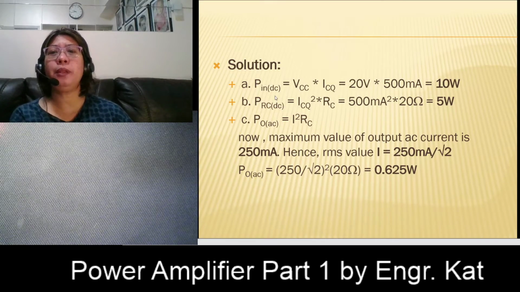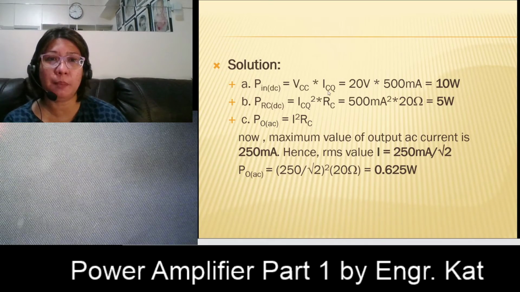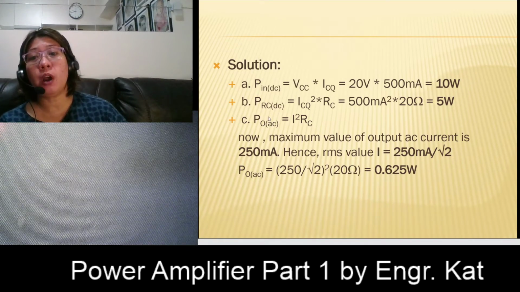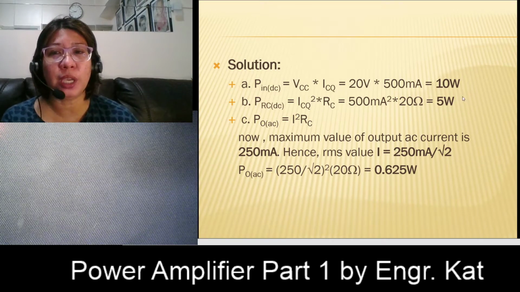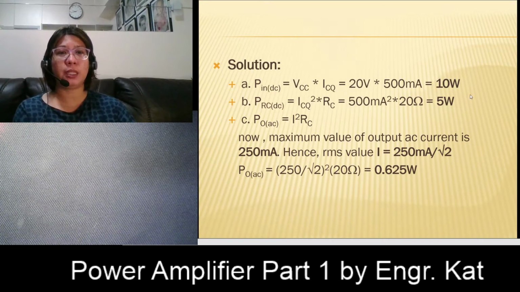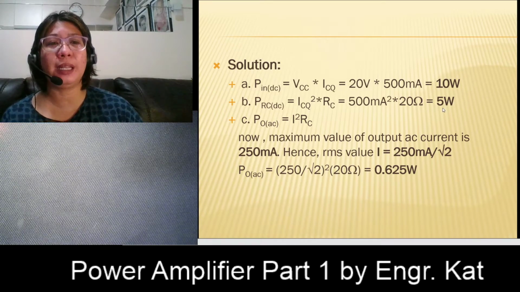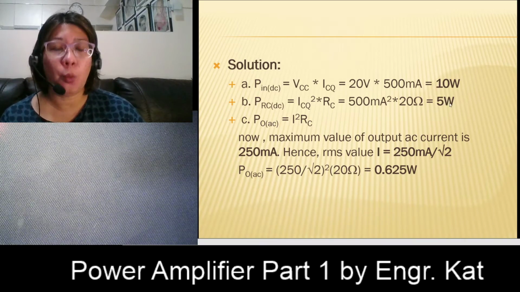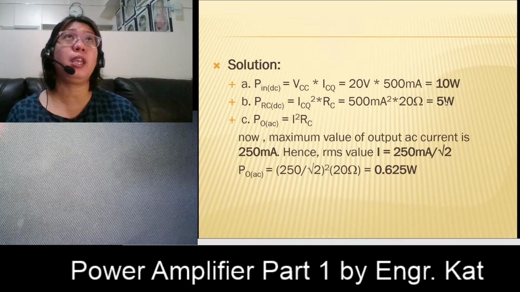So for the input DC power, that is your source, which is your VCC multiplied by your ICQ, that means 10 watts. Okay? So for PRDC, that is ICQ squared times RC, so that will give us 5 watts. So imagine, out of those 10 watts, 5 watts was already dissipated by the resistor, and this is already a loss.